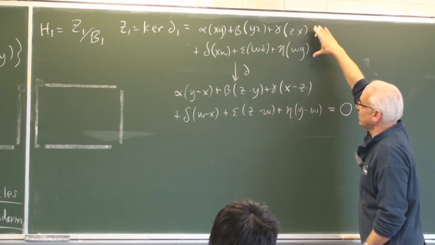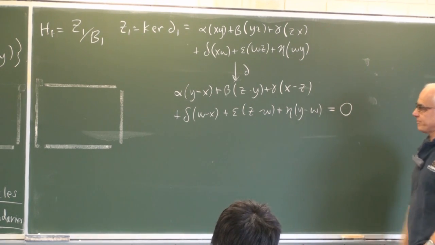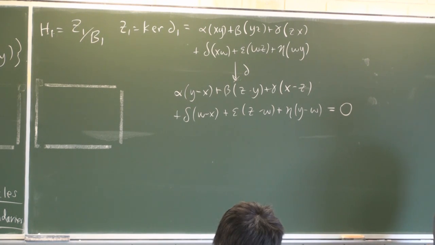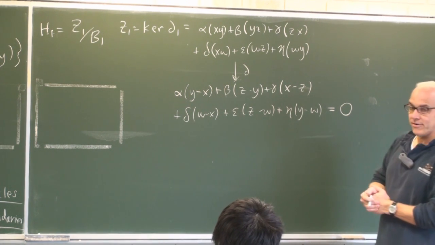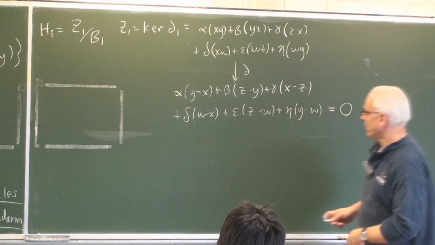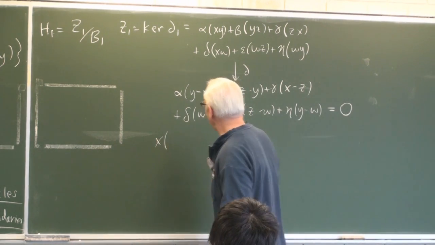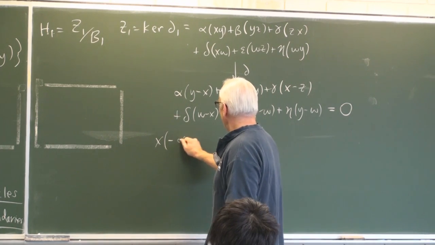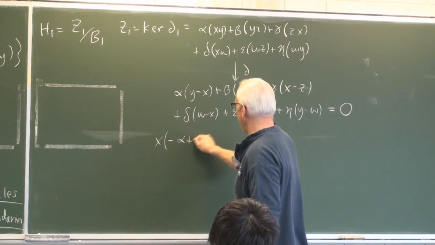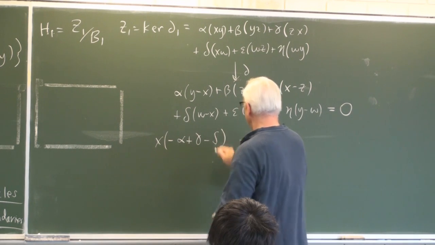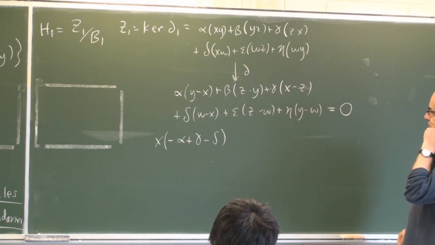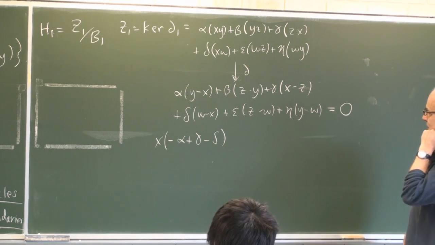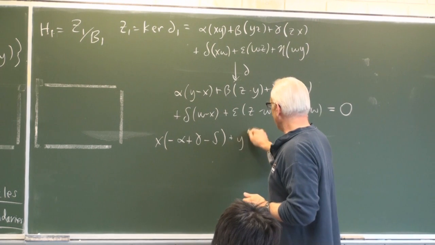What does that tell us about the initial chain we started with? Let's write this equation out in terms of the elements x, y, z, and w. The coefficient of x is minus alpha plus gamma minus delta, and correct me if I do my arithmetic wrong here. And what about the coefficient of y?